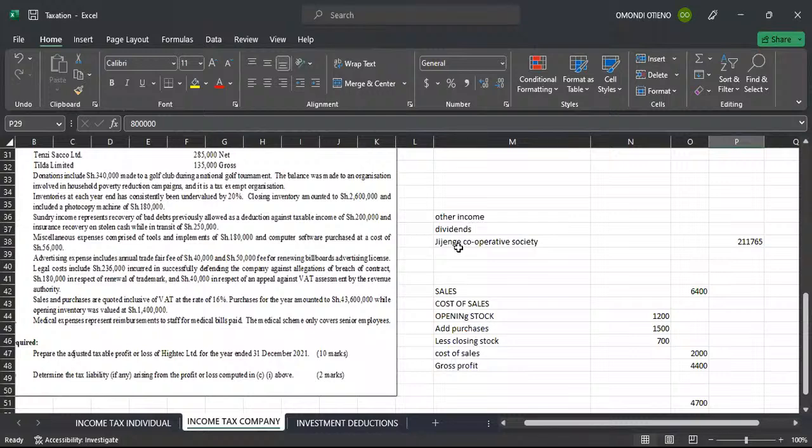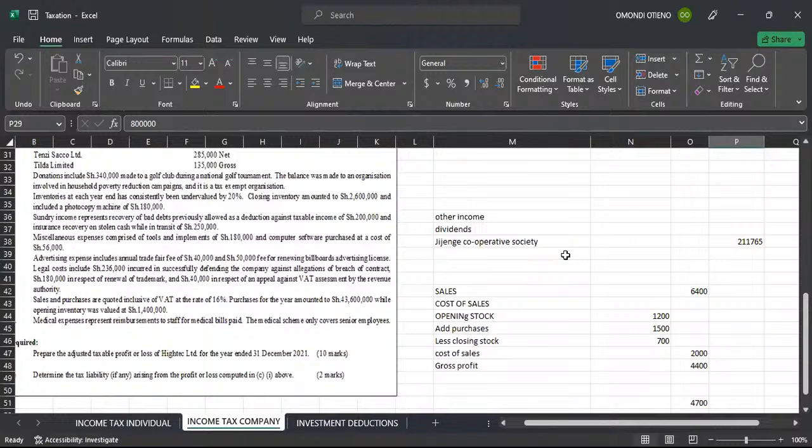Is there a particular reason we were told about Uganda? What if it was the dividends from a country that is not having a double tax treaty with Kenya? It will be subjected to tax. So if we have a different country, so long as it is outside Kenya, we are told that the withholding tax is final.